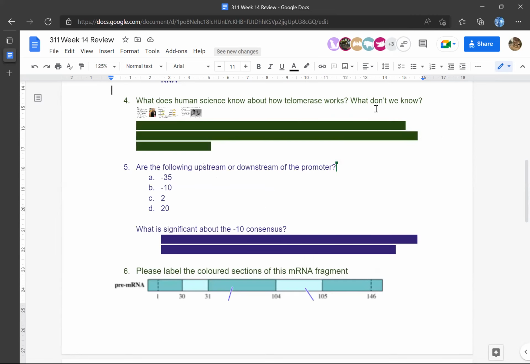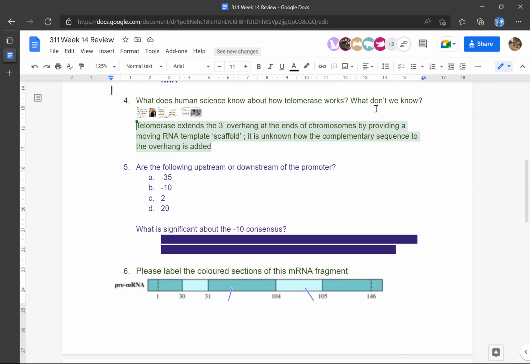And so what we know about telomerase is that it extends the 3' overhang, and we don't know how it makes the complementary sequence to fill in that overhang, so it doesn't overhang.